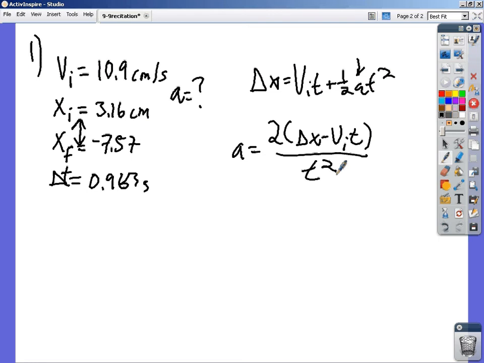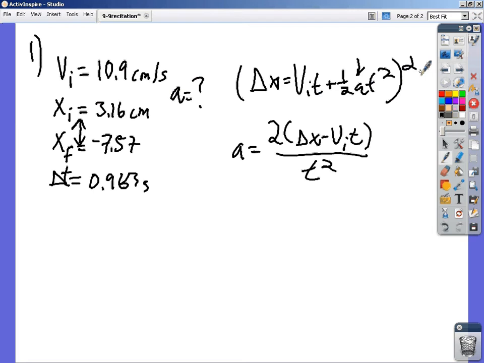Why? Well, because you cancel out the one half. Right, so you get rid of that fraction and it makes things a lot easier. So get in that habit. If you're using your delta x equation, the change in x equation, then go ahead and first thing multiply by 2. And then when you rearrange, it should be pretty easy to see how I got here.